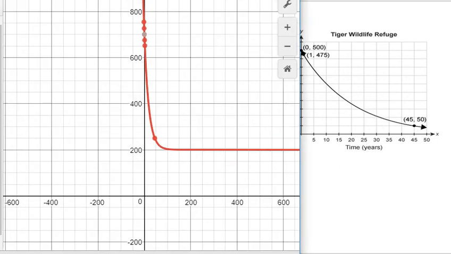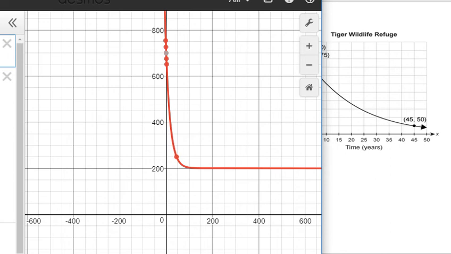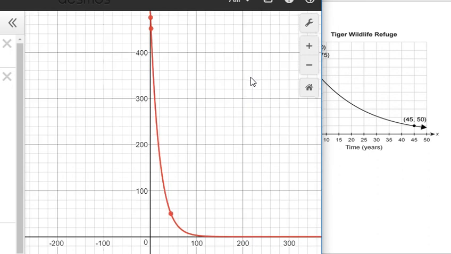So let me put it in context here. This is my original function that they gave me. It's just stretched a little differently the way that we're viewing it. It's not zoomed in quite as much.